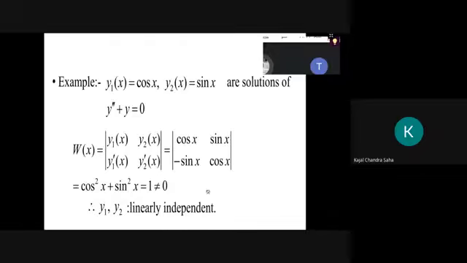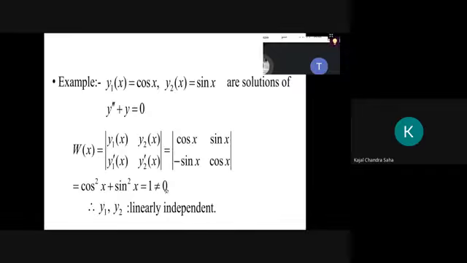Okay, so the Wronskian is defined by W(x) equal to the determinant y1 y2, y1 prime y2 prime. So y1 equal to cos of x and y2 equal to sin of x, and the derivative of y1 is equal to minus sin x, and the derivative of sin x equal to cos x. So its determinant value is cos square minus minus sin square, that means plus cos square plus sin square equal to 1, which is not equal to 0.